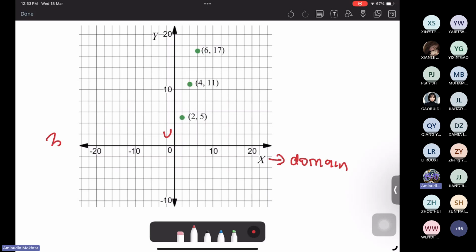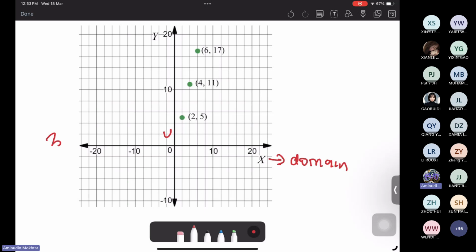The vertical line is for y. The horizontal line is for x.